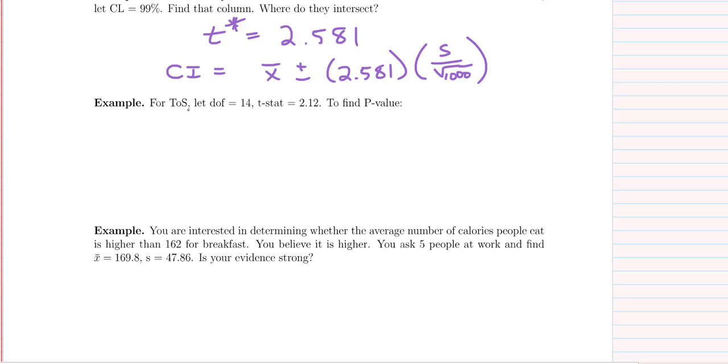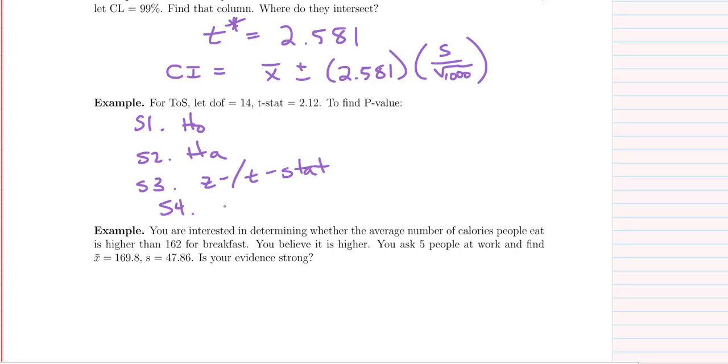Alright, the next example says for a test of significance, we're going to have a degrees of freedom of 14 and a t-statistic of 2.12. And what we want to do is find the p-value. Remember, for a test of significance, step 1 is state H0, step 2 is state HA, step 3 is find the z-statistic, but since we're dealing with t, it's going to be a t-statistic, and we're given that already, which is nice.